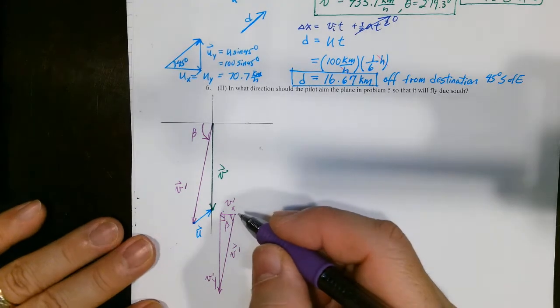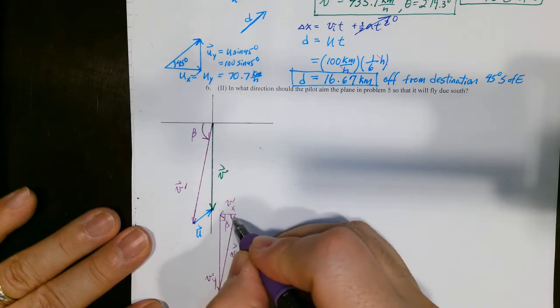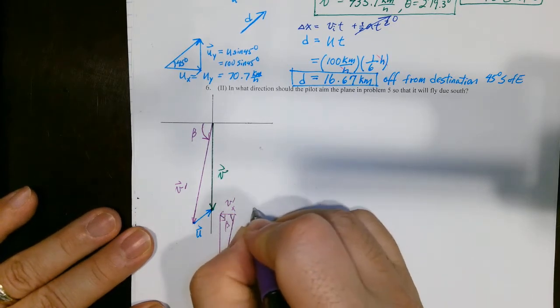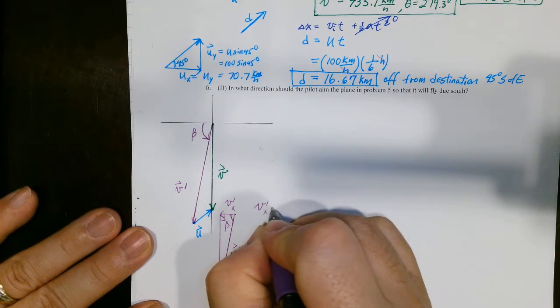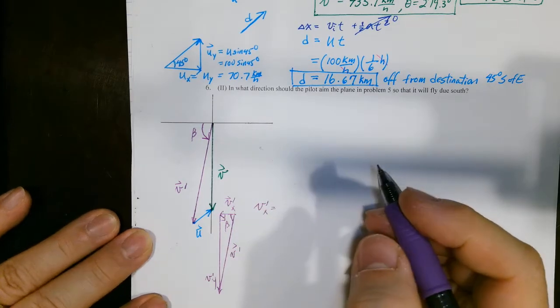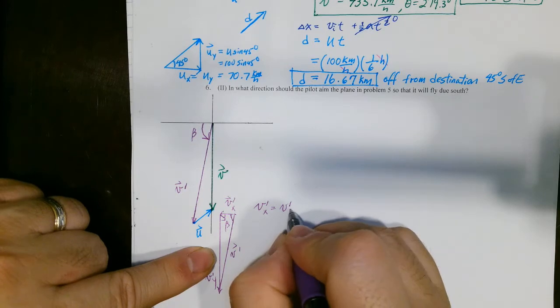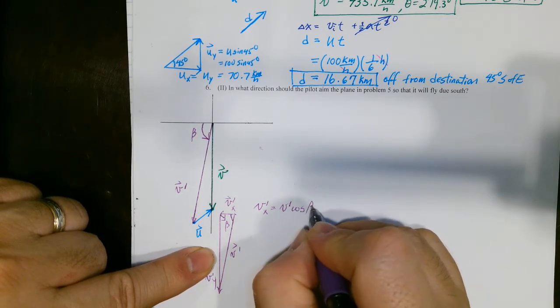So, if we look at this, my V prime X is equal to V prime times cosine of beta.